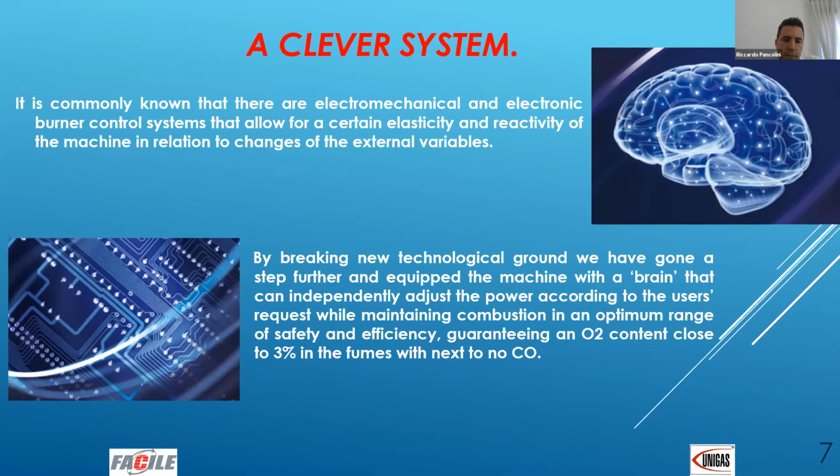So it doesn't matter which is the plant, where is the plant, if it's at a higher level or at sea level. If environmental conditions change, for example the pressure of air, the temperature of air, the pressure of gas, it can auto-adapt itself on the plant, recognize all the differences and auto-adjust itself to make the best combustion at the first ignition, and keep it along the seasonal changes.